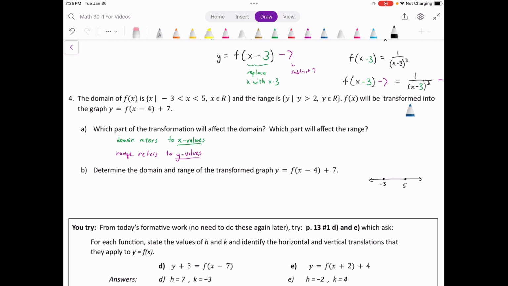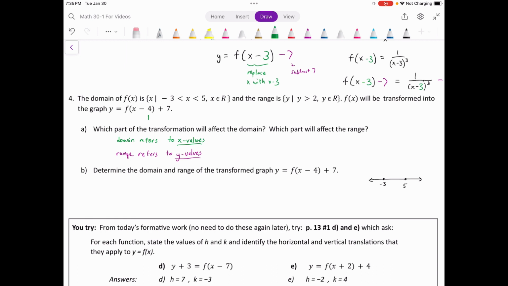And f of x is going to be transformed into the graph y equals f of x minus 4 plus 7. So again, it's not actually telling us the equation, but it's telling us in terms of f of x. And if we know how to read this, it is in that function notation for transformations, right? Can you pick out h and k?